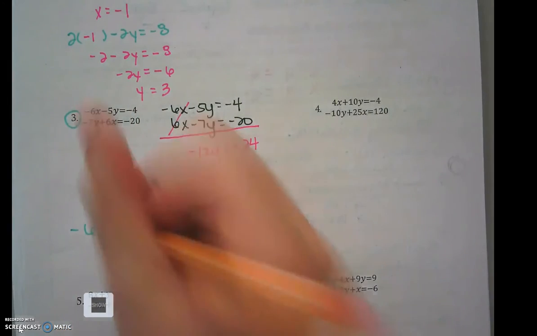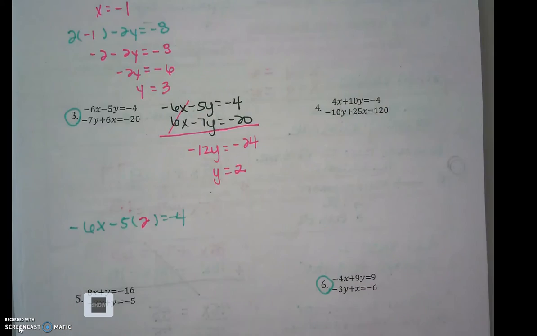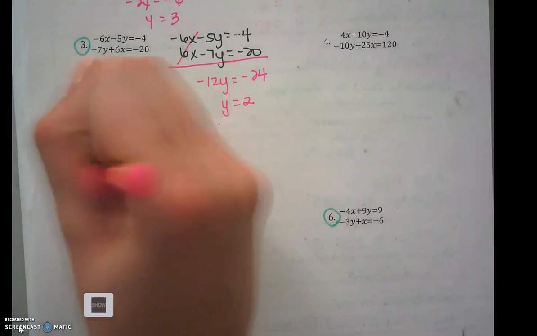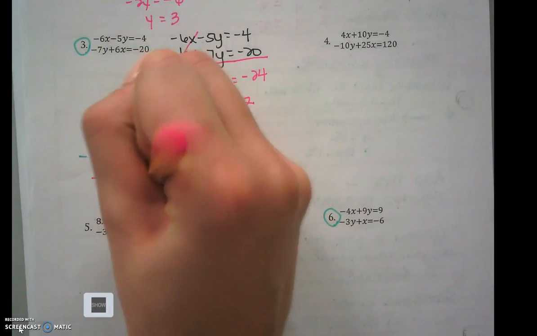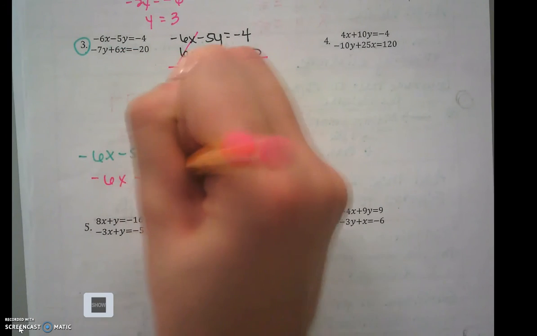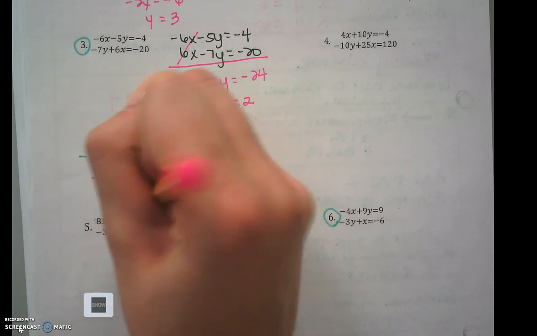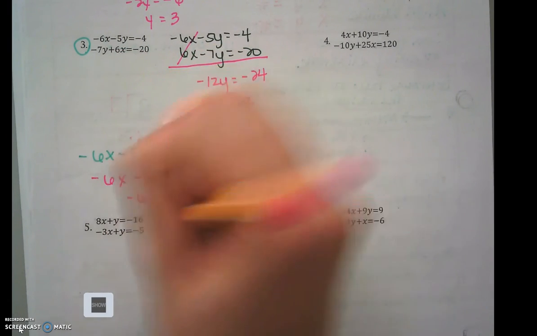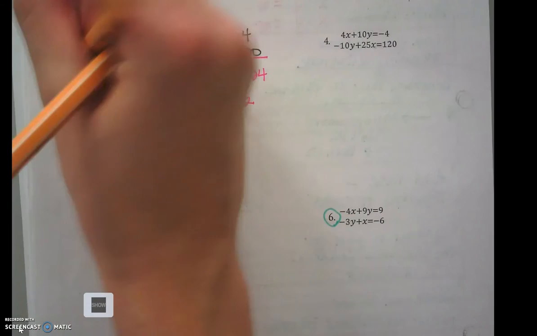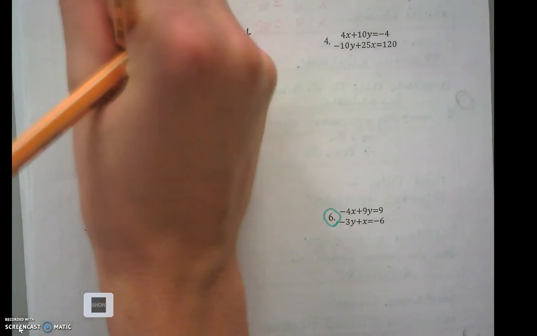And then for that y, I'll plug in a 2. Okay, so I have negative 6x minus 5, minus 10, 5 times 2 is 10, equals a negative 4. Negative 6x equals 6, so x equals a negative 1. My final answer is negative 1, 2.